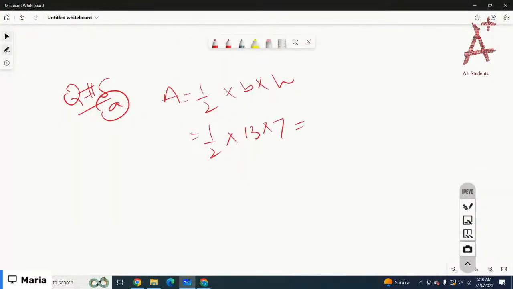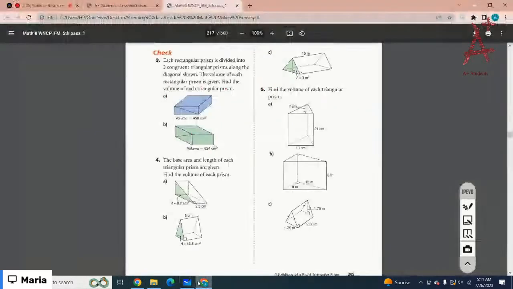So 13 times 7 is 91, and 91 divided by 2 is 45.5. Okay, the length you are given is 21.